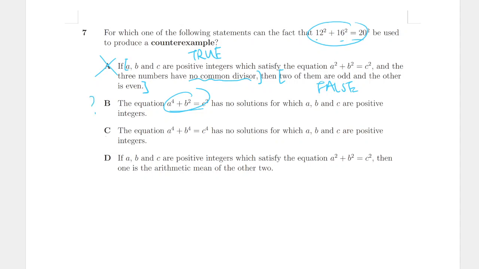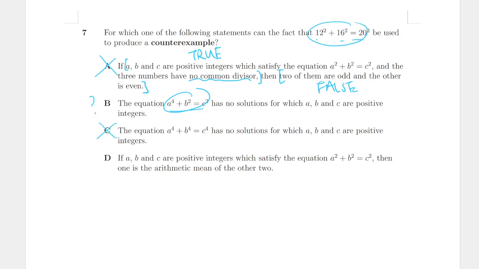Okay, how about C? a to the 4 plus b to the 4 equals c to the 4 has no solutions for which a, b, and c are positive integers. Okay, that's also wrong, right? Because again, this is not the same equation, so bad.